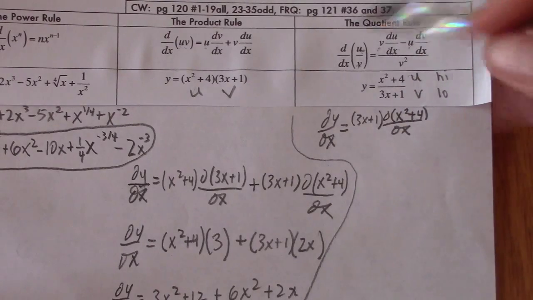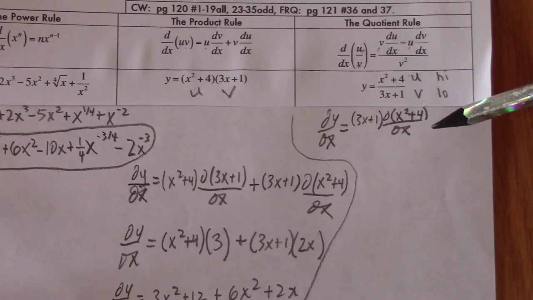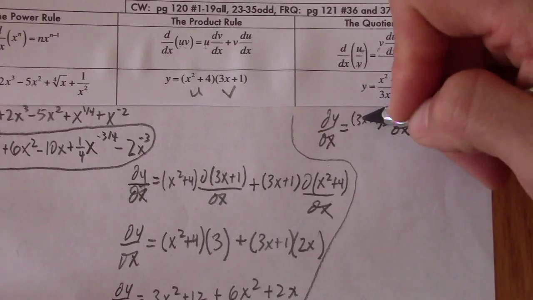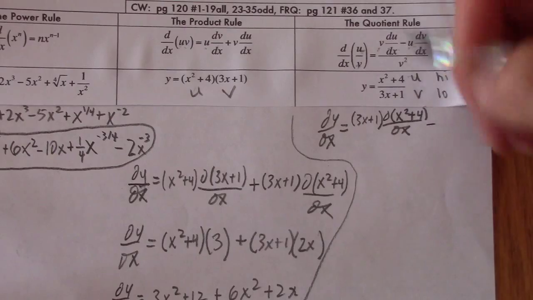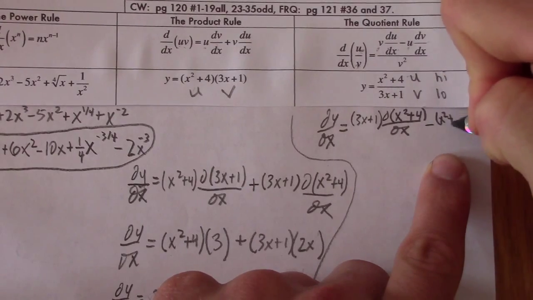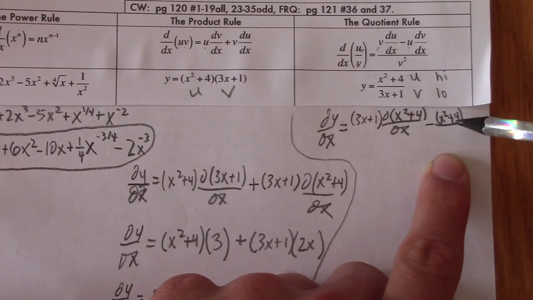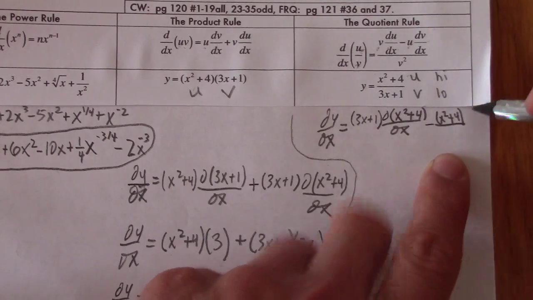And similar to the product rule, I'm not going to do any calculus yet. I'm going to indicate that I'm about to do some calculus. So low d high minus, and then the high thing, which is x squared plus 4. High d low, and then the low is 3x plus 1.